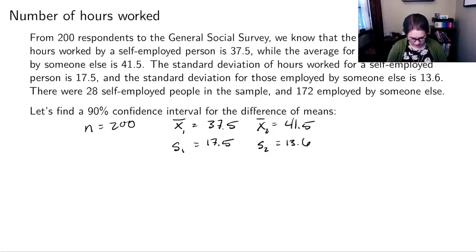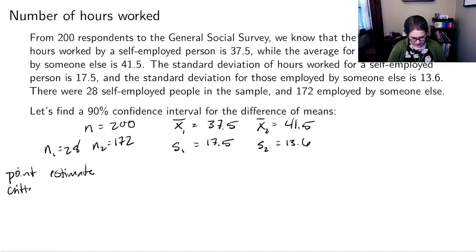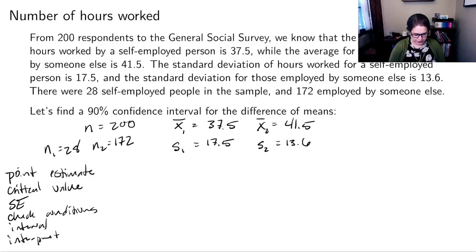We have the overall n, but let's say n1 is equal to 28 and n2 is equal to 172. Okay. So now we've got what we need, and let's just think about these things: the point estimate, the critical value, the standard error, check the conditions, make the interval, and interpret, and we'll do all of those.